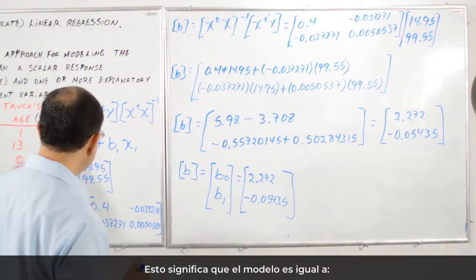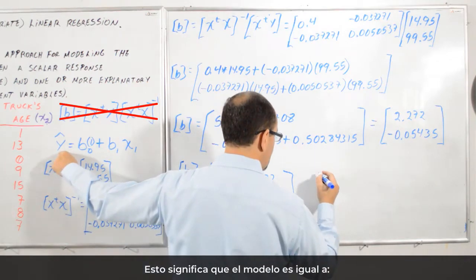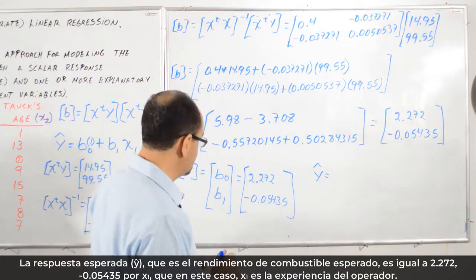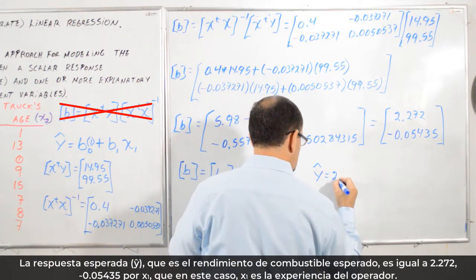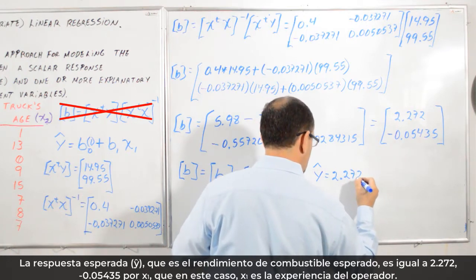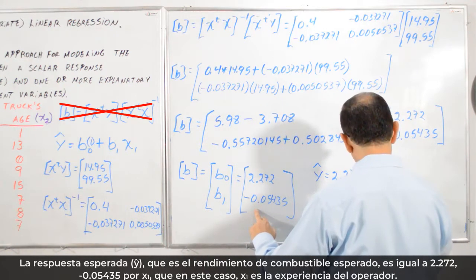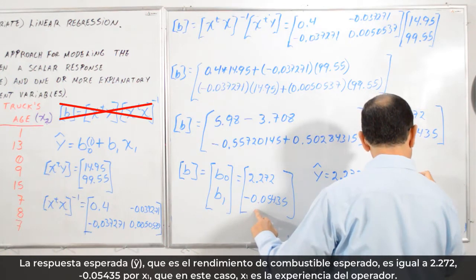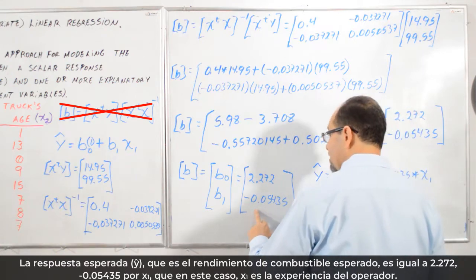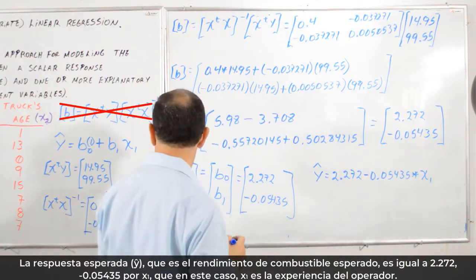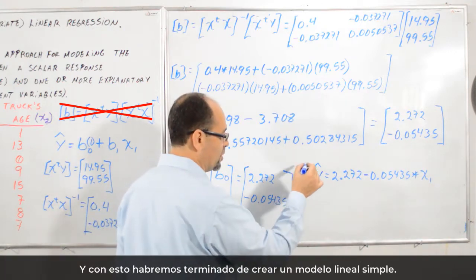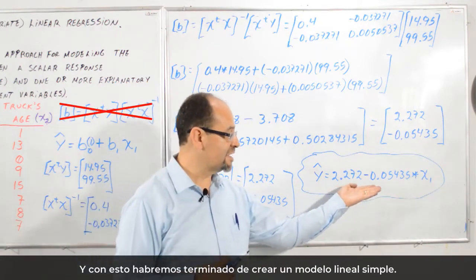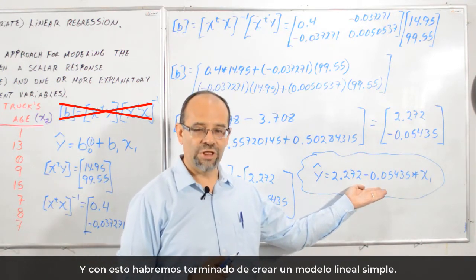That means that the model, the expected response, which is the expected fuel efficiency, is equal to 2.272 minus 0.05435 times x1, in this case the operator's experience. And that is the model that we have created, a simple linear model.